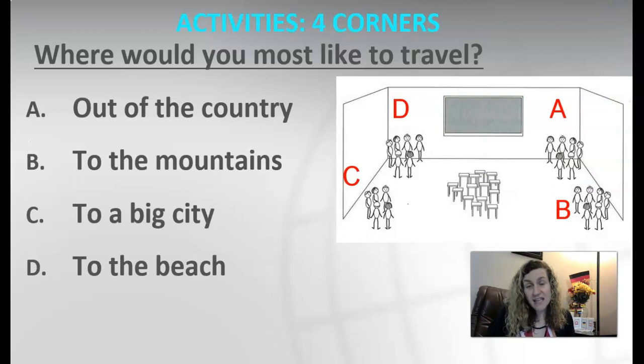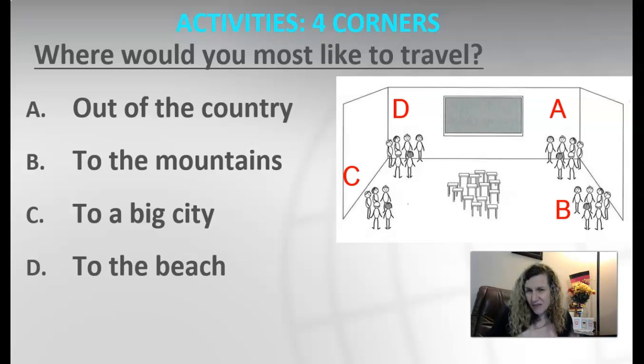And finally, as students move up into more advanced proficiency, the question becomes a little more open-ended in terms of giving the reason. So they've chosen where they'd like to travel to. The group will brainstorm together all of the reasons why their particular location is the best.